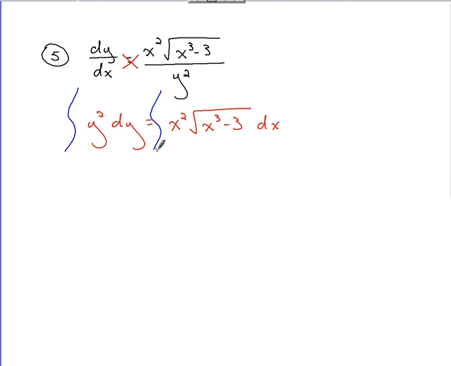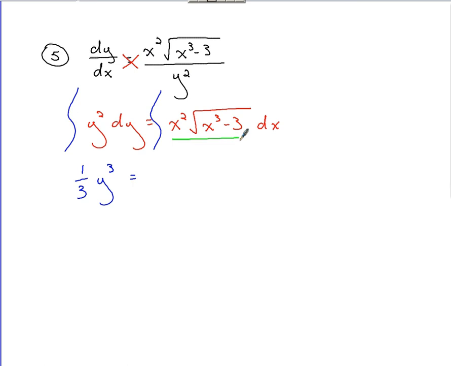Taking the antiderivative on the left-hand side of the equation, you've got a y squared, so we add 1 to that power, you get y cubed, reciprocal of 3, 1/3 would go in front. And that's going to equal, all right, we need to recognize here on the right side that we do have an issue.